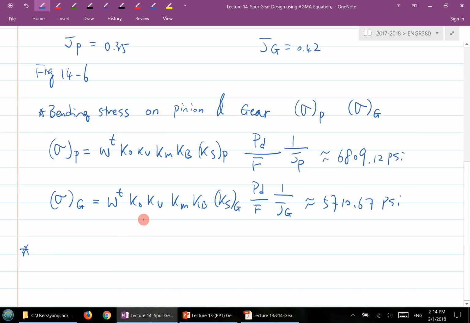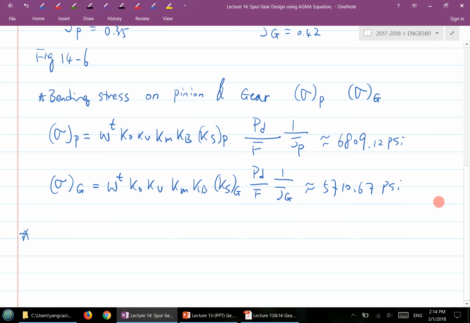But for now, at least for the current assignment, number 5, I want you to go over the hand calculations, just to get more direct experience or impression with respect to all the different AGMA factors that are here.